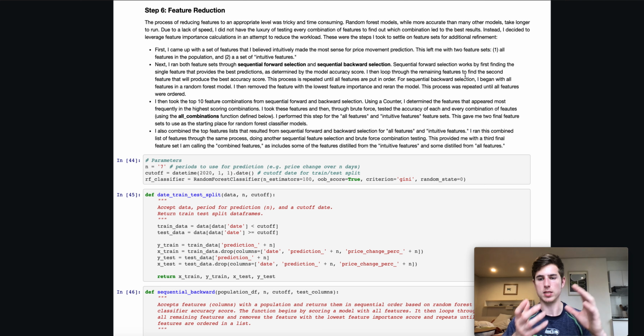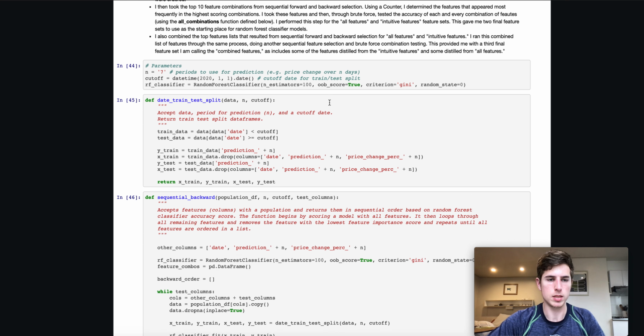We complete that process until we get down to the very end. We're left with a single feature, but what we're really left with is a list of features in terms of importance to our model. Then, looking at sequential forward and backward selection together, we can see which was the single best model in terms of predictive capability.